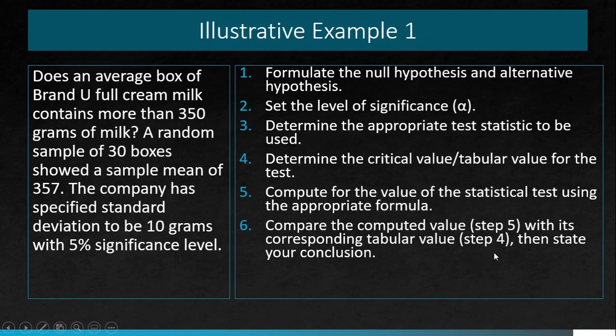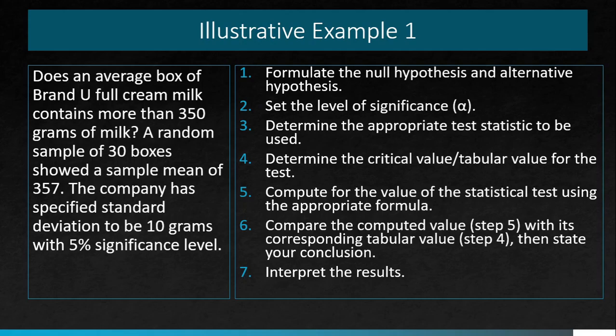If we have a refresher of the introduction of hypothesis testing, your conclusion will be which hypothesis you are going to accept and which you are going to reject, between your null and alternative hypothesis. And then step 7, you will interpret your results.